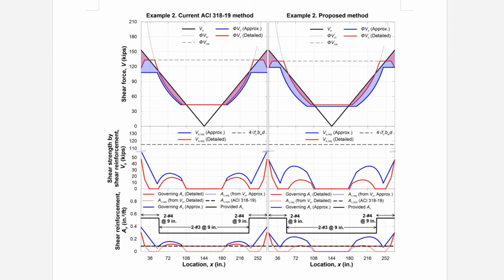Anyway, it's smaller than the maximum spacing, and it's greater than the demand, the required Vs. And the original design is like this in the PCA notes. And if I use the same one, it's the same.